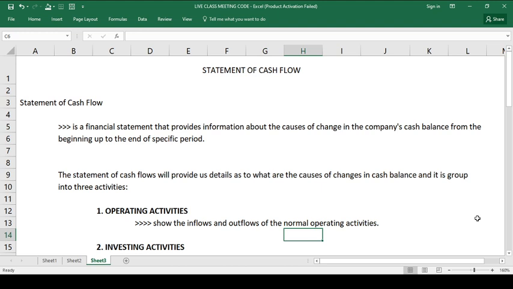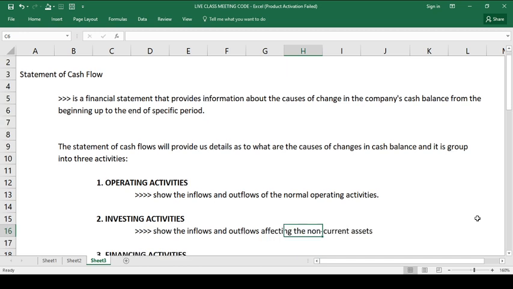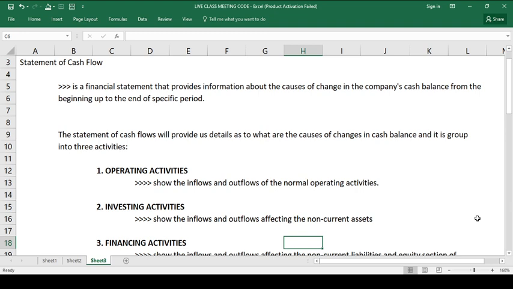Another group of activity that is being presented in the statement of cash flow is the investing activities. What is an investing activity? An investing activity shows the inflows and outflows affecting the non-current assets.